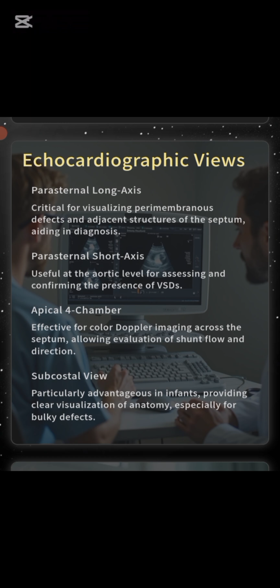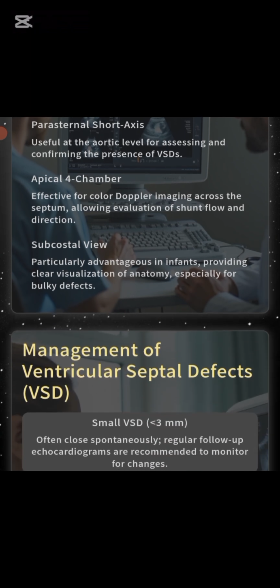Apical 4 chamber is effective for color Doppler imaging across the septum, allowing evaluation of shunt flow and direction. Subcostal views are particularly advantageous in infants, providing clear visualization of anatomy, especially for bulky defects.